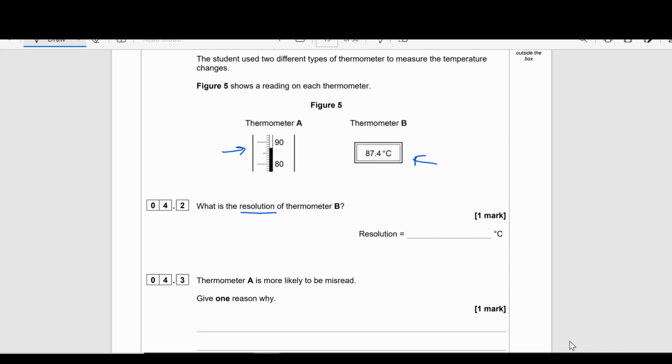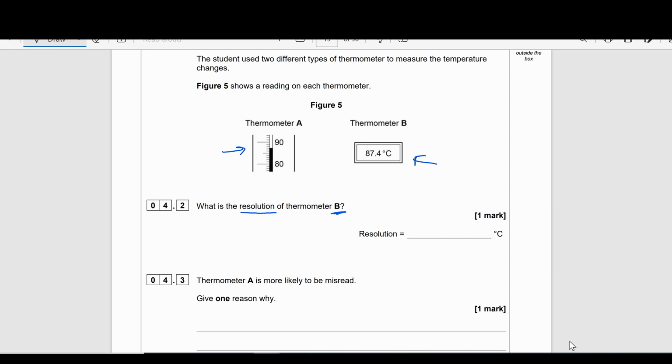So if we take thermometer A, how can we find the smallest interval? Well, it would be the smallest line. So if we were to read thermometer A, our smallest interval would be 1 degree. It's actually asking us for thermometer B. So if this value was to change, what would it change by its smallest amount?